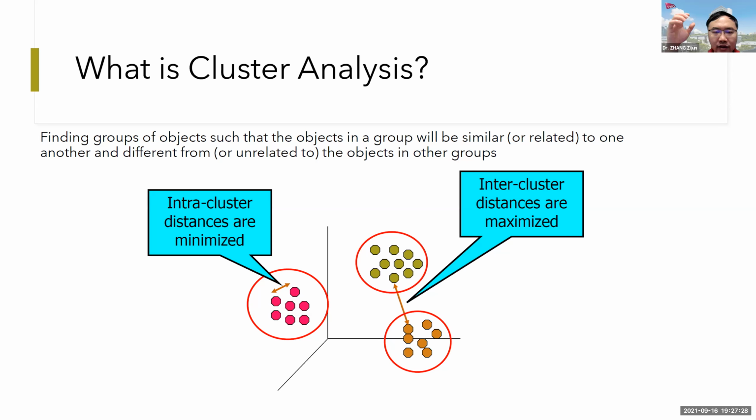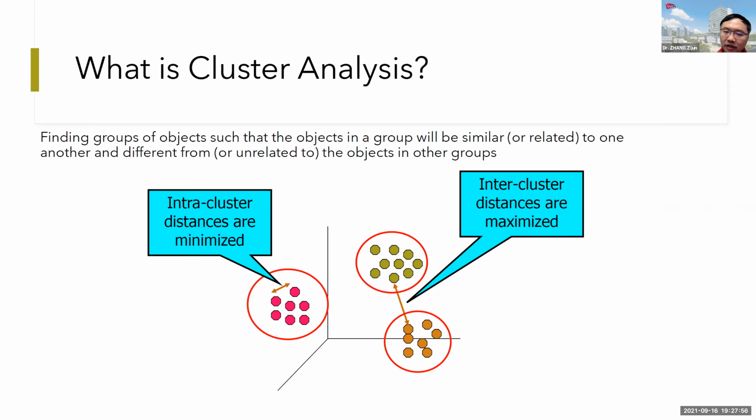So the clustering algorithm, based on the similarity or some types of data properties, makes them into clusters. So we are finding groups of objects such that the objects in a group are similar to one another, but different from the objects in other groups.